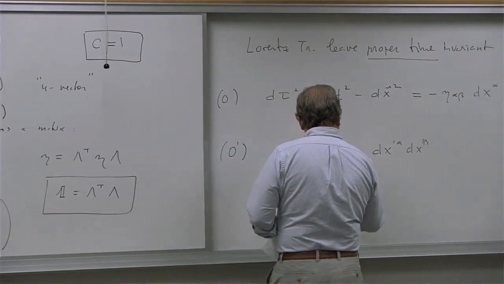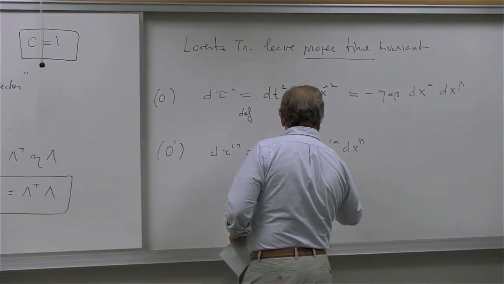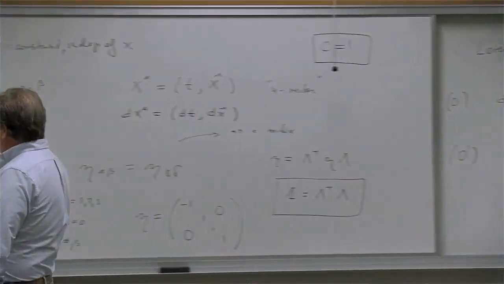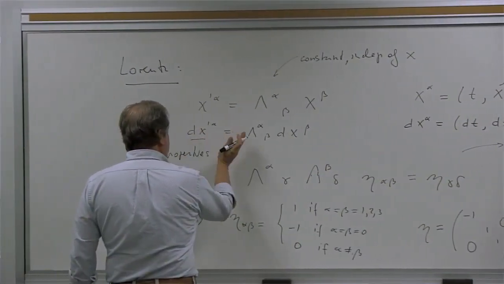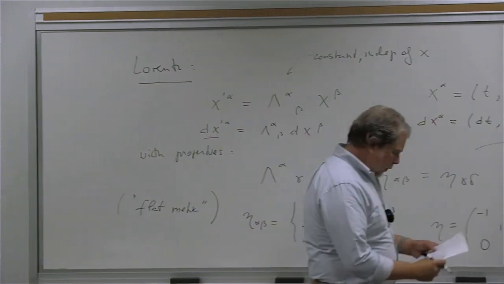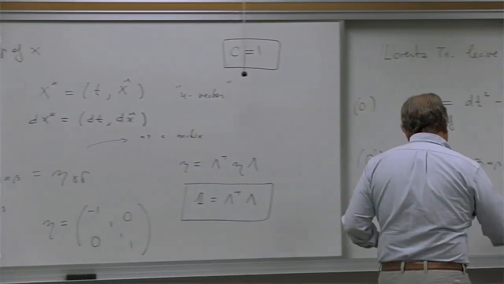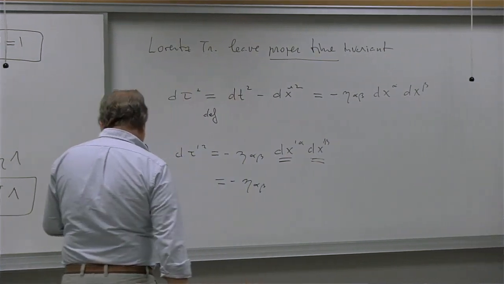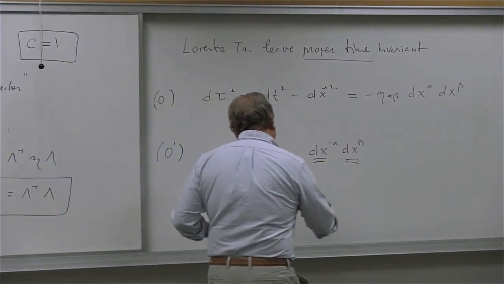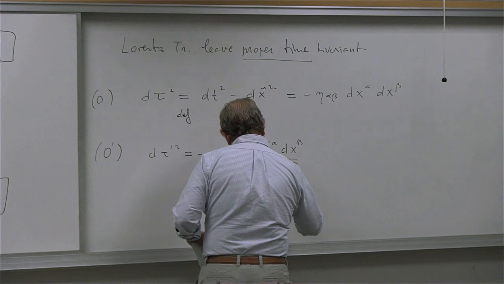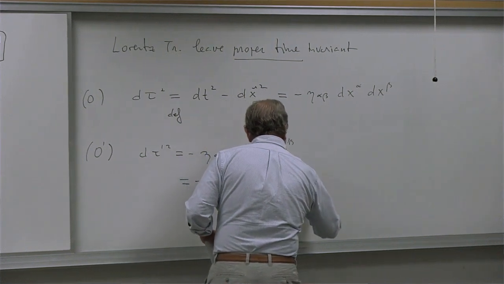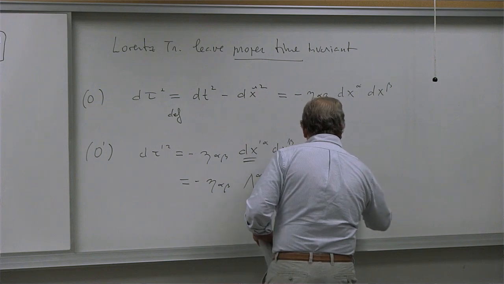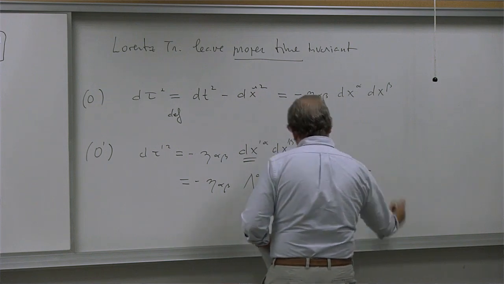And now what do I use? Well, I use the fact that these increments I can read off from here. So I can read off one here and then a second one as well. So I can write this as minus eta alpha beta, and now I use the matrix, lambda alpha gamma, lambda beta delta, times dx gamma, dx delta.